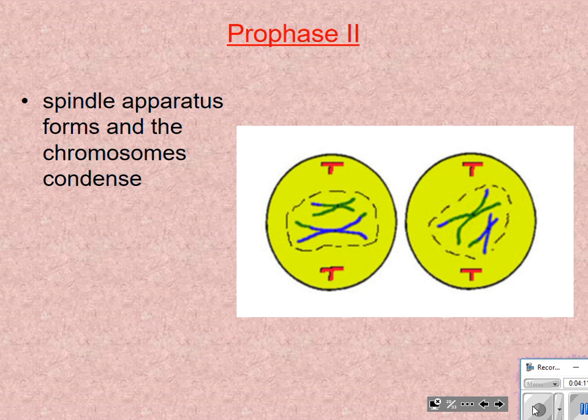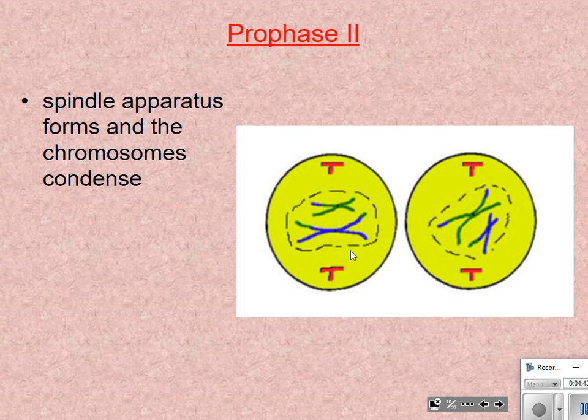Now let me ask you this question. Yesterday we talked about a process called crossing over. In prophase 2, is this where crossing over occurs? What do you mean?